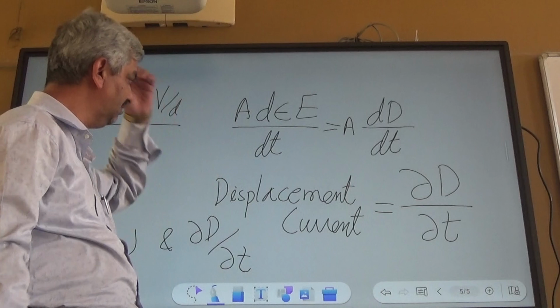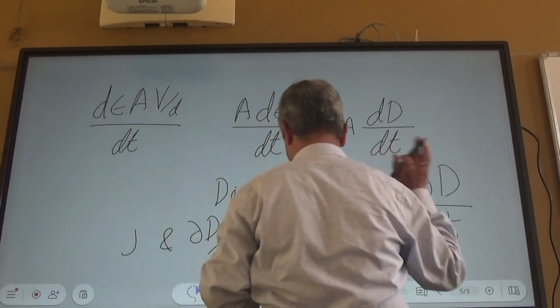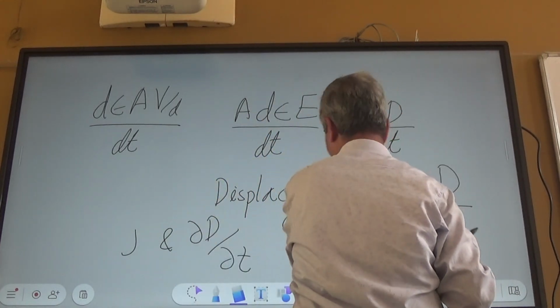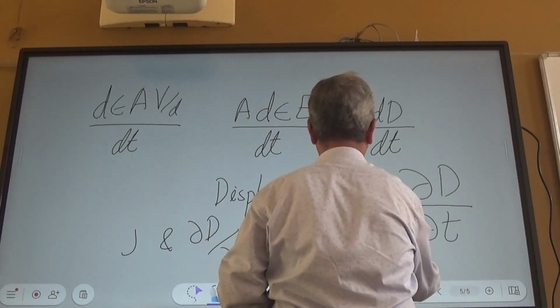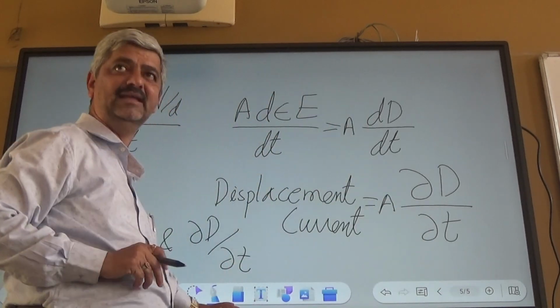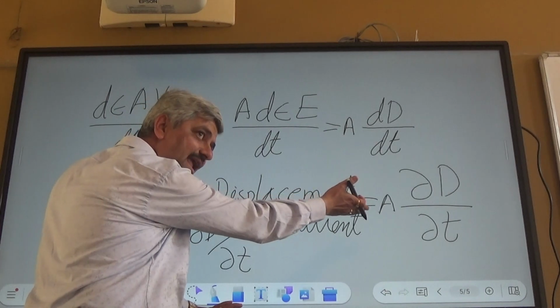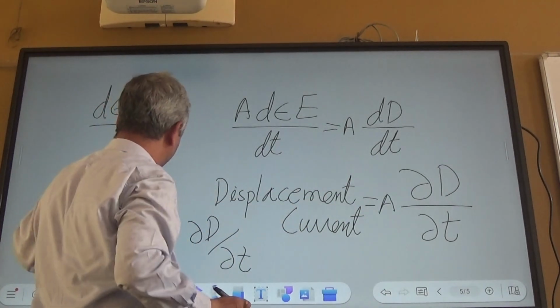Sorry, I made one small mistake. Displacement current is, sorry, A doesn't disappear, is equal to A delta D by delta t. A is there. Now I divide this A, I take this on the left hand side.